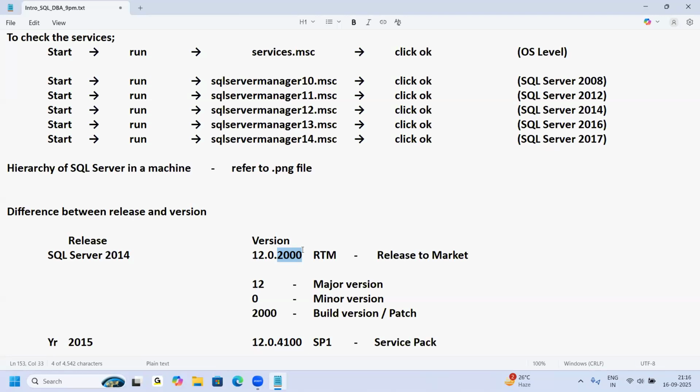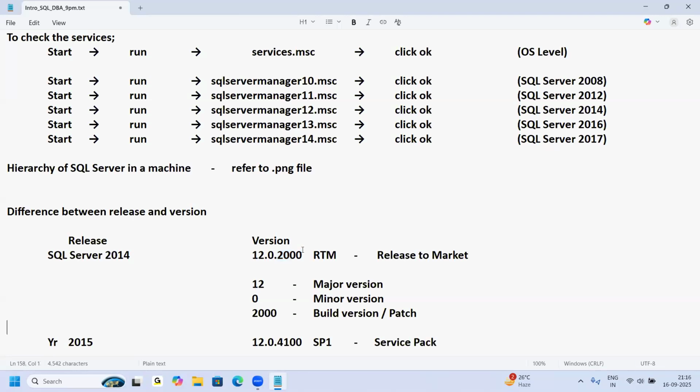They collected all the problems people were facing, modified the software, and gave an extension of it, a patch of it. They said, you install this, and the problems related to your usage will be resolved.